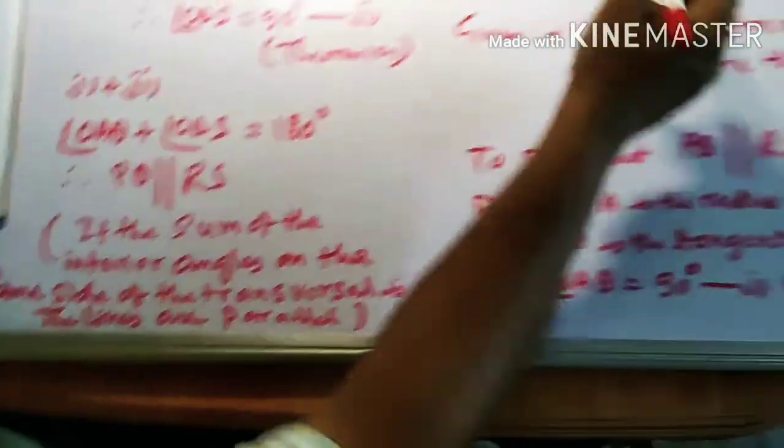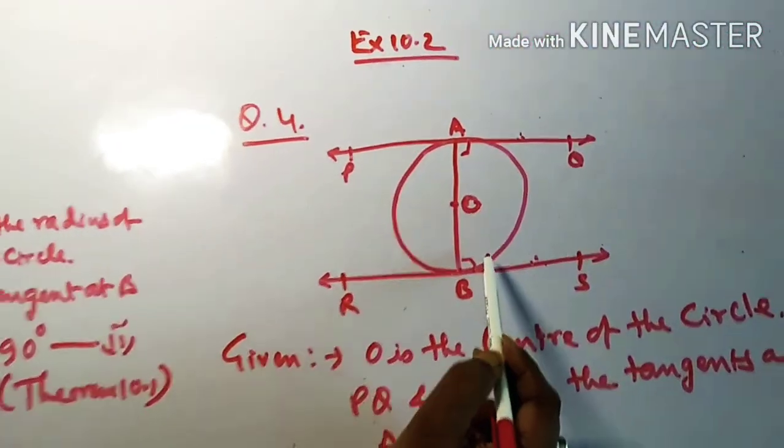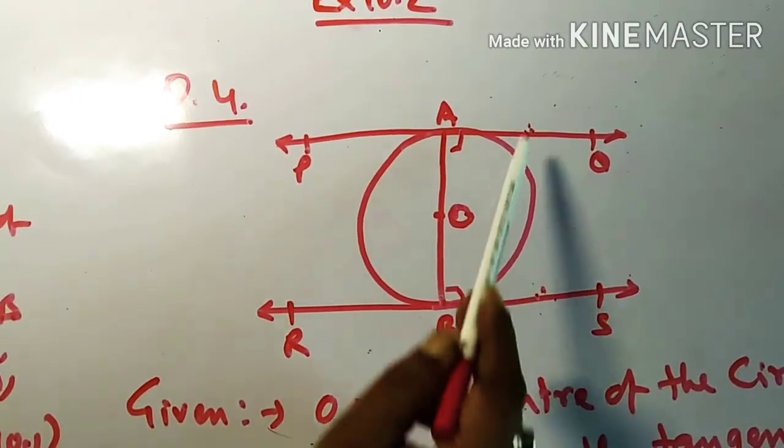If the sum of the interior angles on the same side of the transversal is 180 degree, then these lines are parallel.